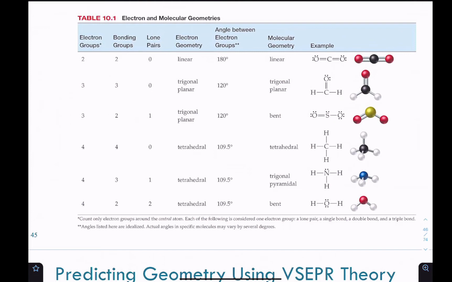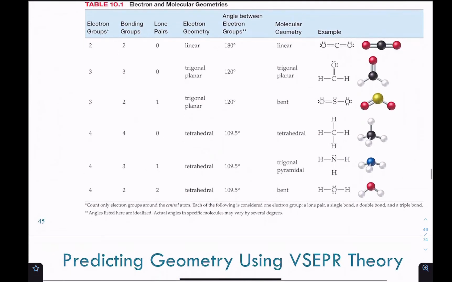The way you use this is you draw out a Lewis dot structure, and let's use NH3. This is what the Lewis structure would look like. So how many electron groups are there? 4 electron groups.